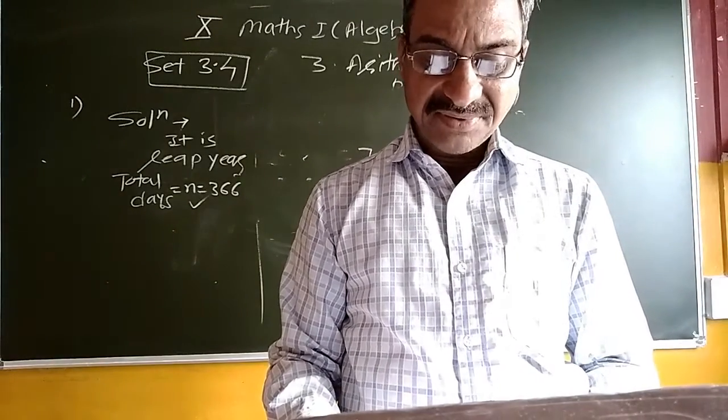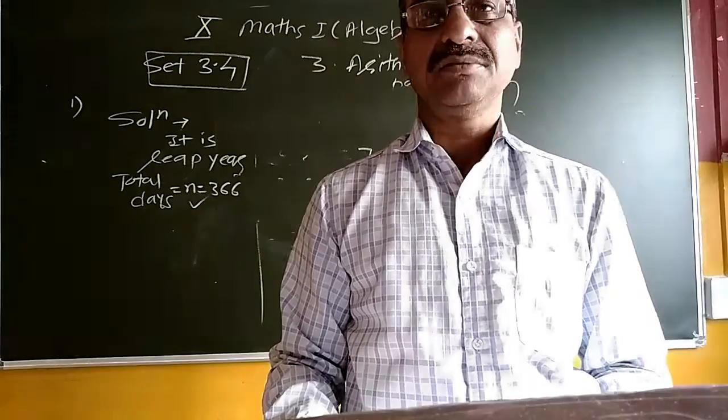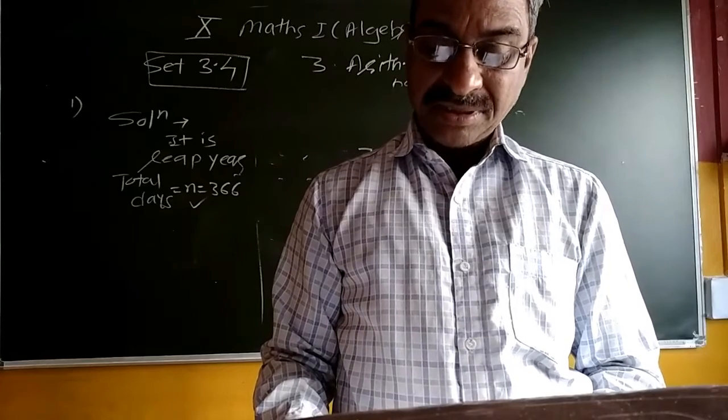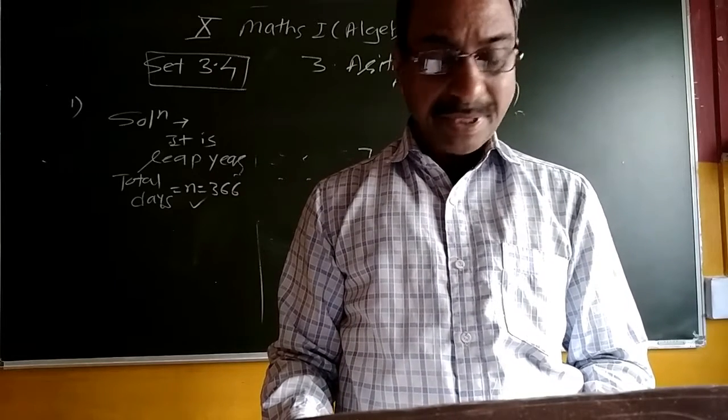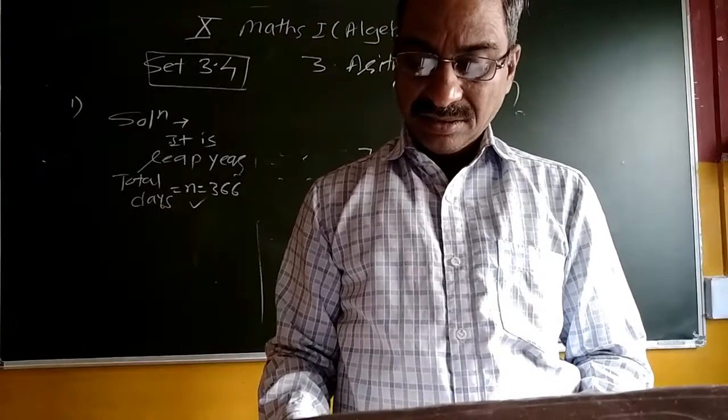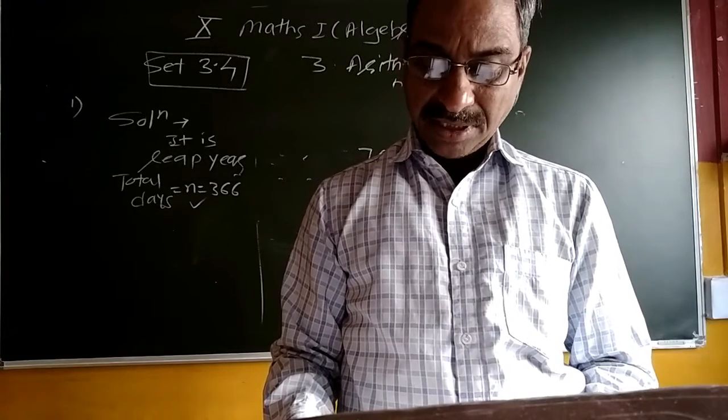Find the amount of the first and last installment. Means in this problem, the man borrowed some money from the bank and repays the money with some installments over some period. Here it is a 12 month period.